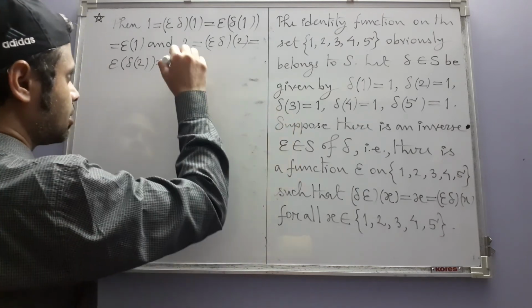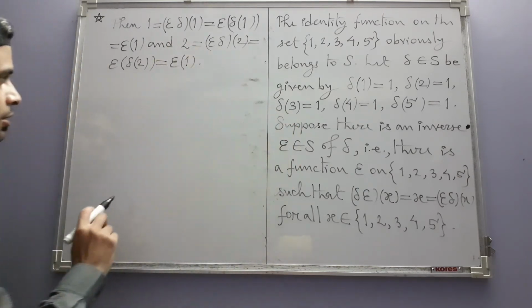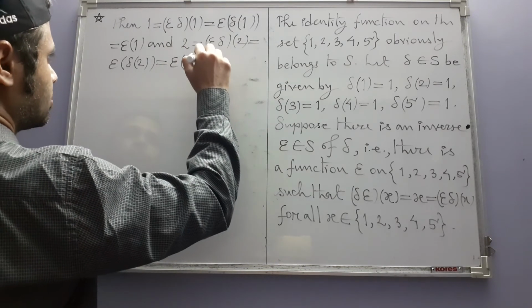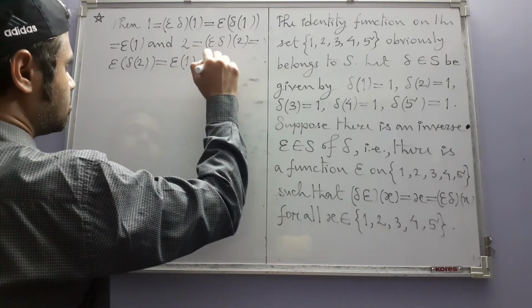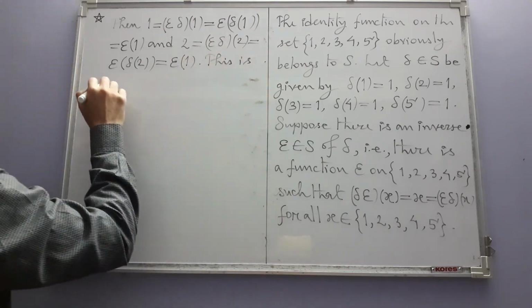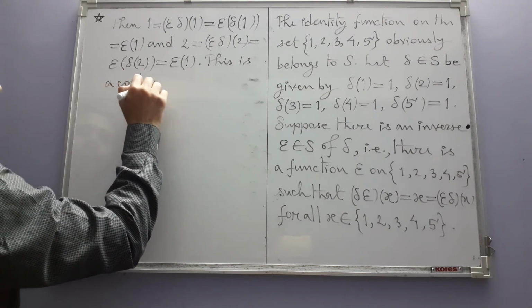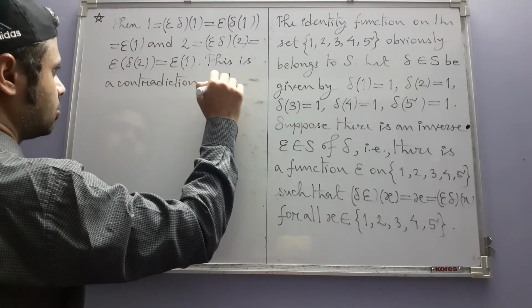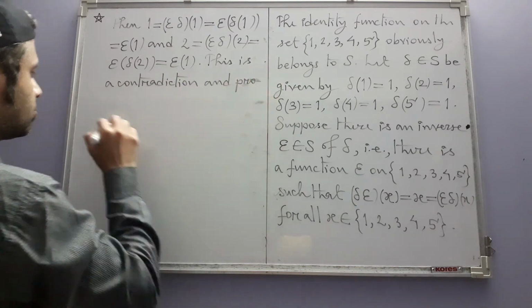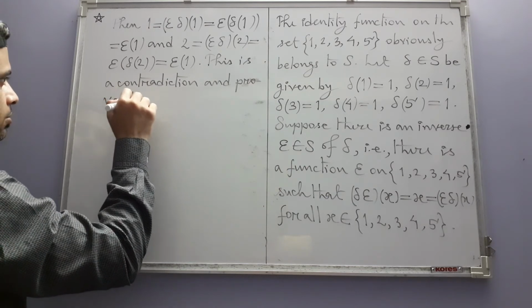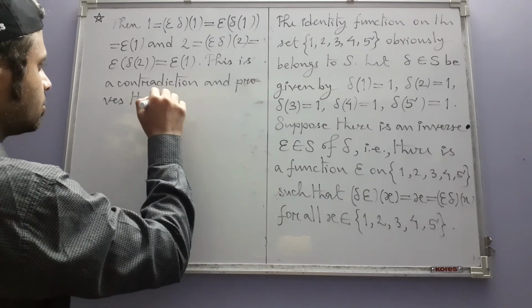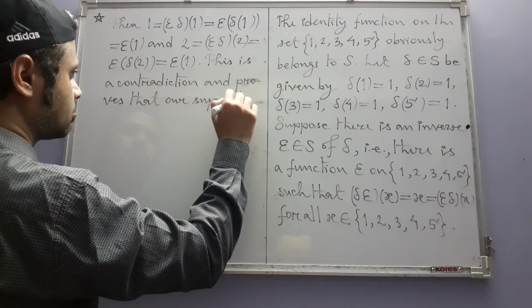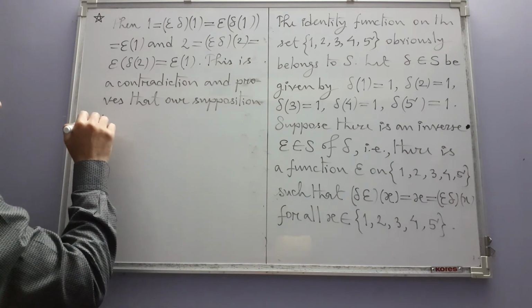Delta of 2 is also 1, so epsilon of 1 has been found to be simultaneously 2, and this is clearly false. This is a contradiction and proves that our supposition is wrong.